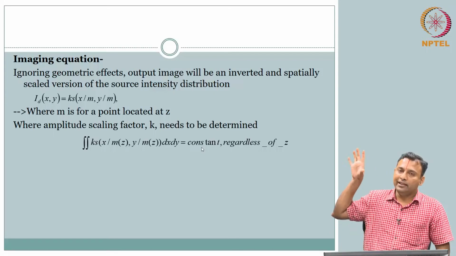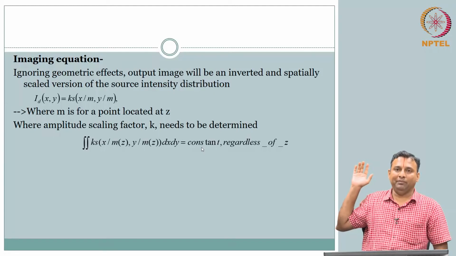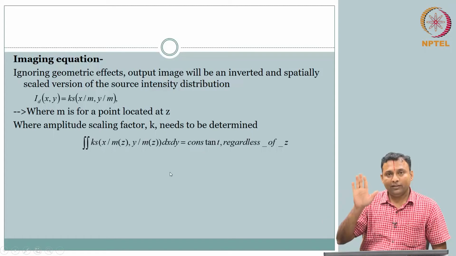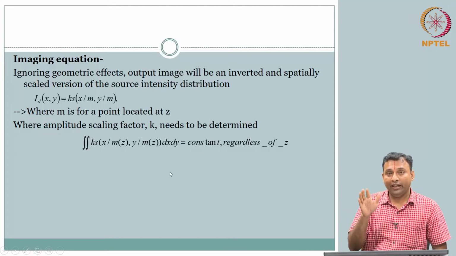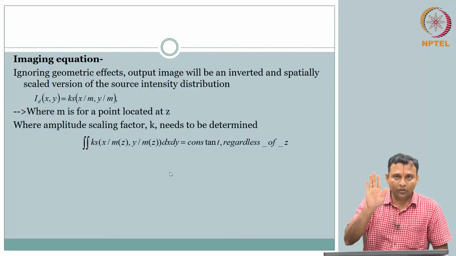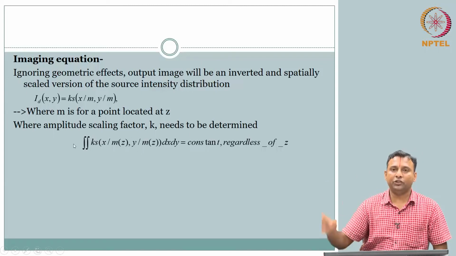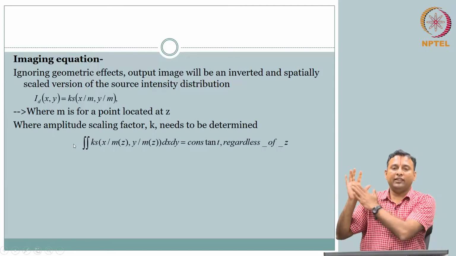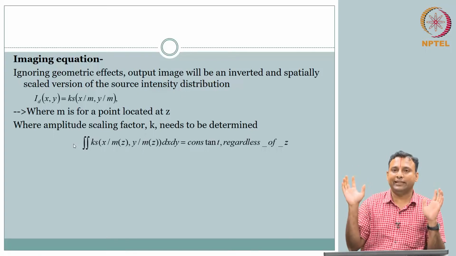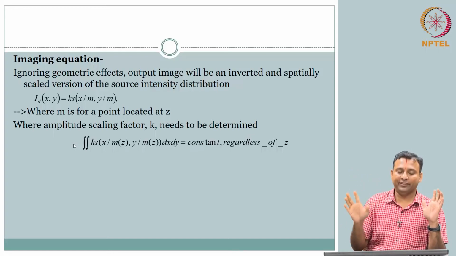But as long as I sum all of what is falling on the detector, the sum is going to be the same. However, k itself can be different. Your amplitude scaling factor is also dependent on depth, but this double integral, which sums whatever falls on the detector, should be the same irrespective of how much of the detector is illuminated depending on the magnification.